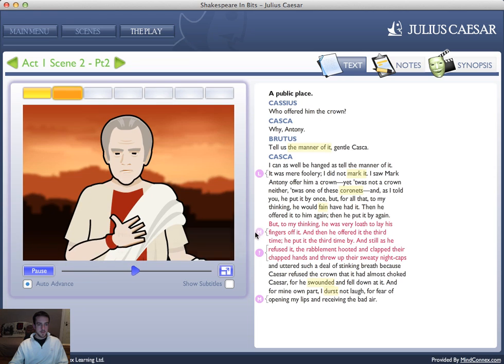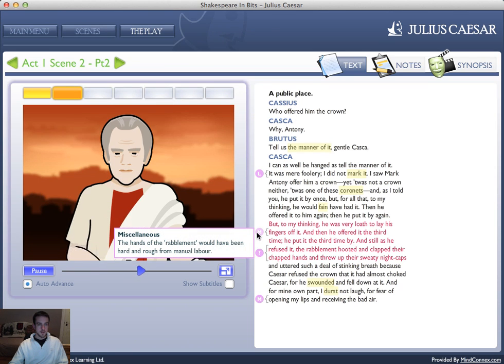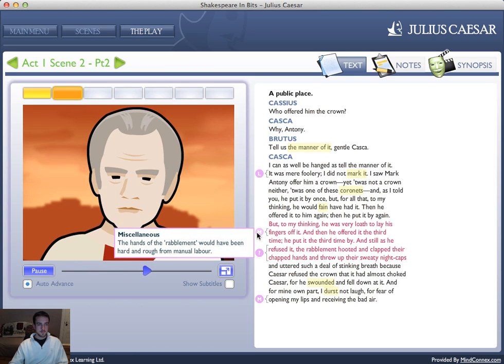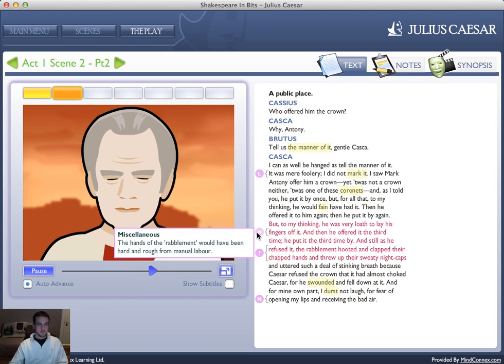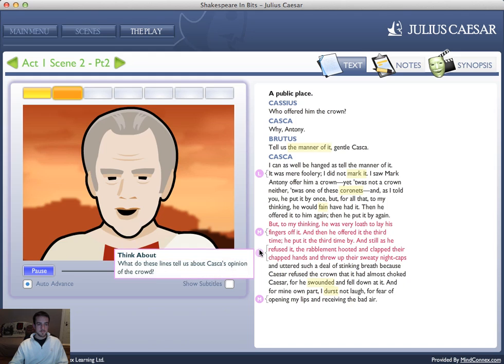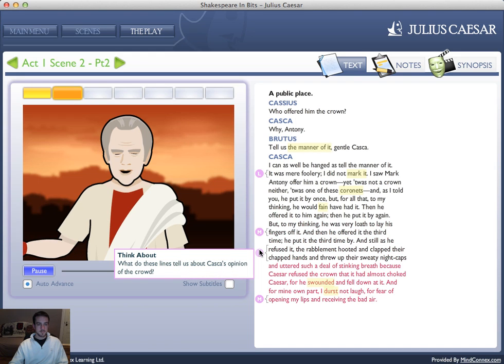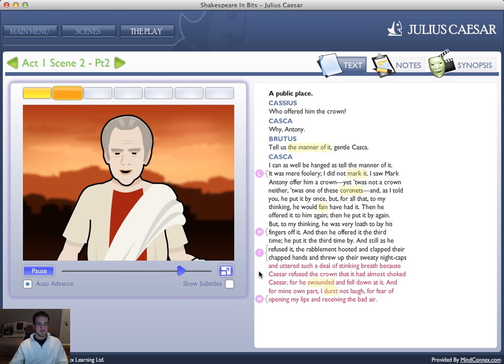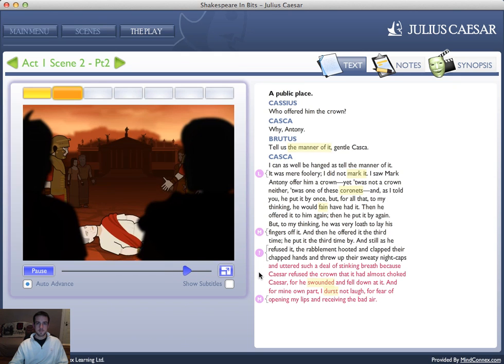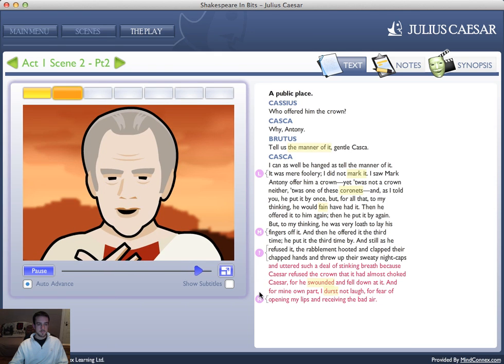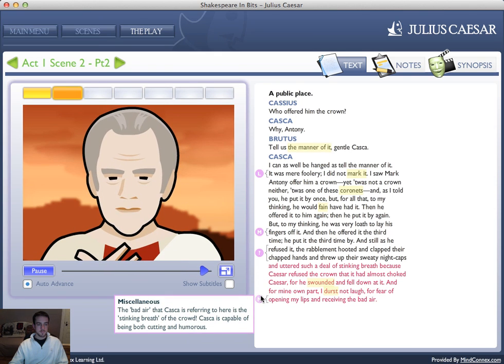But to my thinking, he was very loath to lay his fingers off it. And then he offered it the third time. He put it the third time by. And still as he refused it, the rabblement hooted and clapped their chopped hands, and threw up their sweaty nightcaps, and uttered such a deal of stinking breath because Caesar refused the crown that it almost choked Caesar, for he swooned and fell down at it. And for mine own part, I durst not laugh for fear of opening my lips and receiving the bad air.